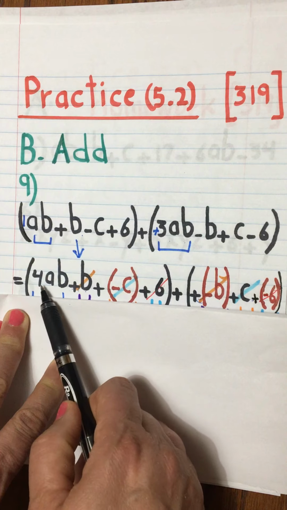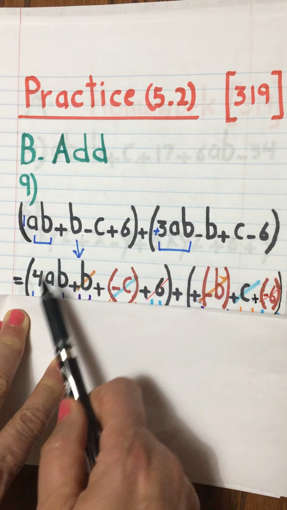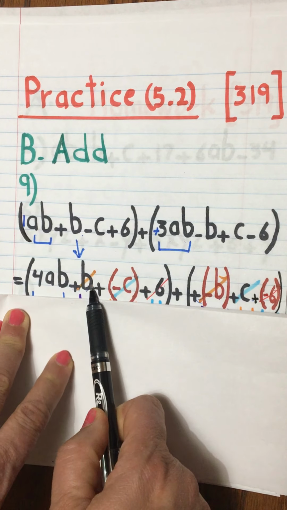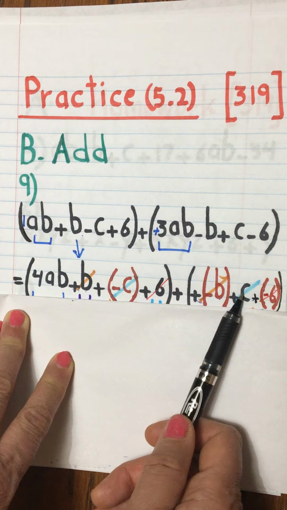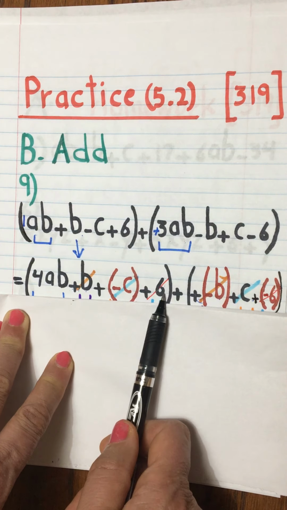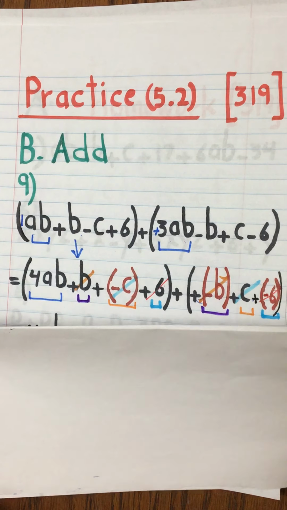So for AB, I got it from 1AB plus 3AB. B and negative B cancel out. Negative C plus positive C cancel out. Positive 6, negative 6 cancel out. So the answer is 4AB.